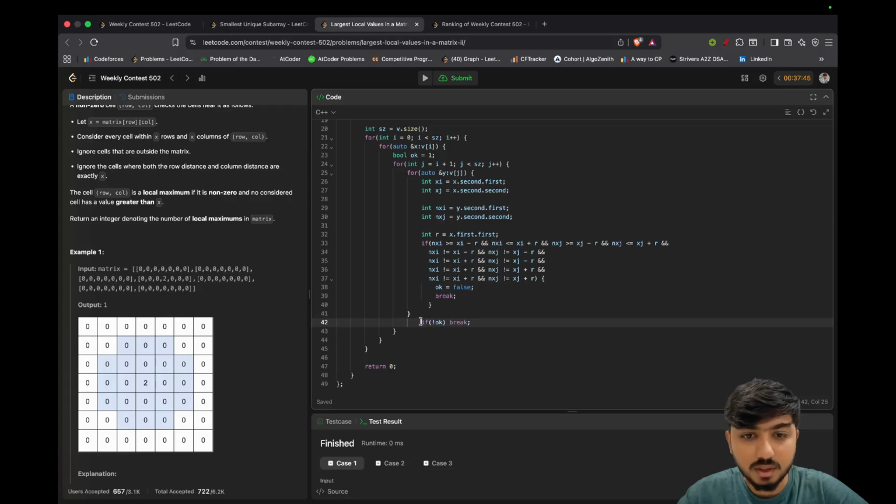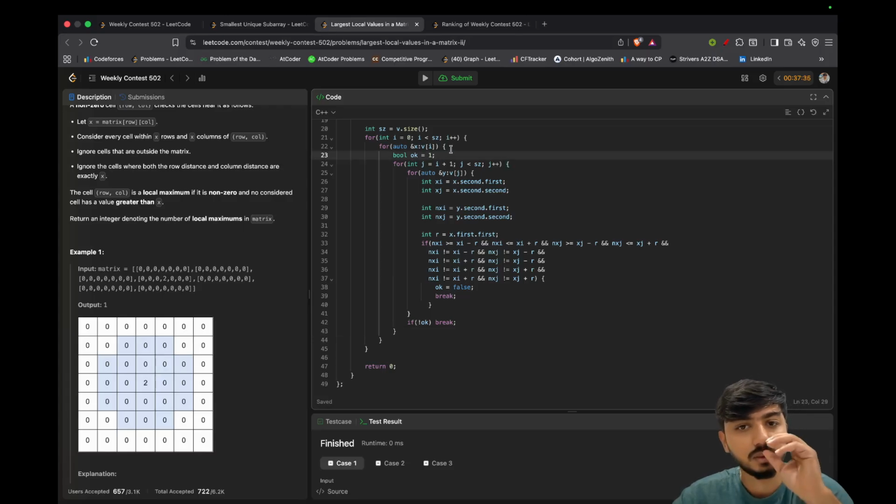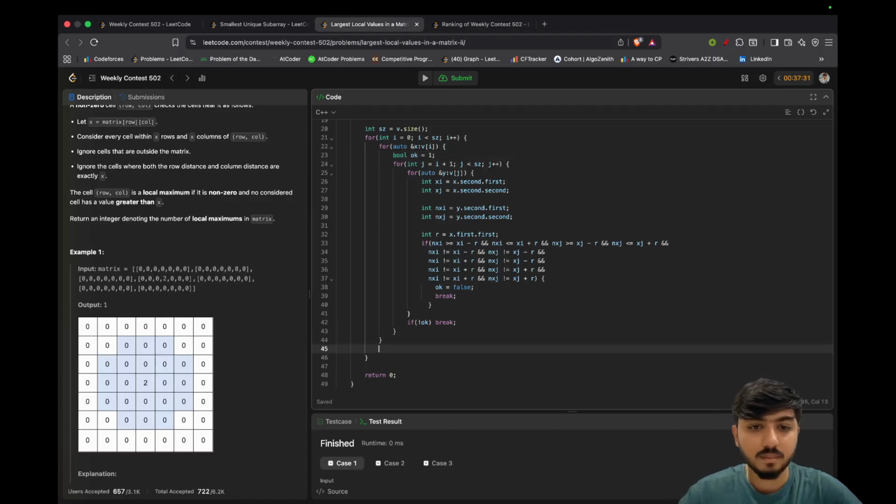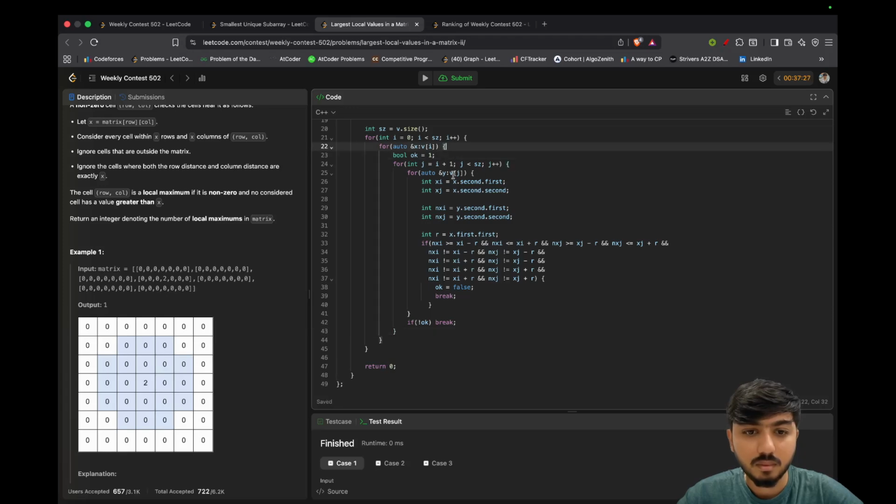Let me bring one step back. We'll break out of this for loop. We'll break out of this for loop also. And here, if okay, answer plus plus.